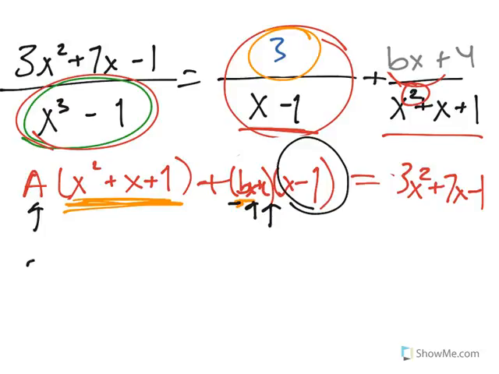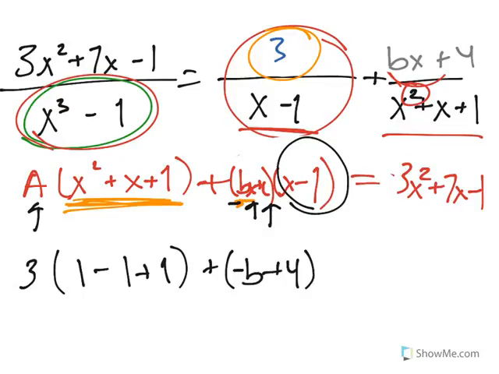So we have A equal to 3. Negative 1 squared is just 1. And minus 1 plus 1 plus, and we have negative b, and then we found c to be 4, so plus 4, and then negative 1 minus 1, that's negative 2, that's equal to 3 minus 7 minus 1. Okay, very well.